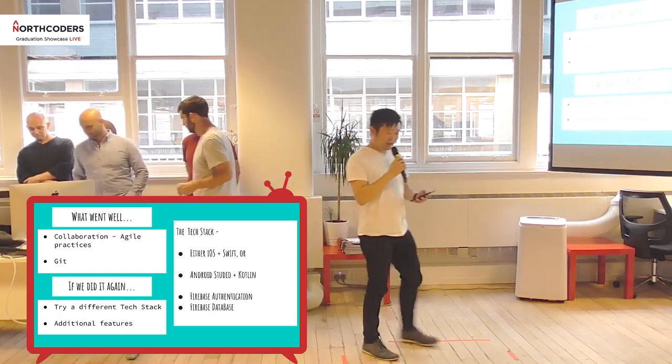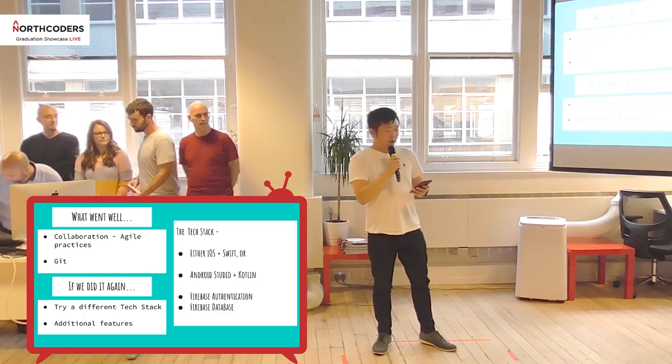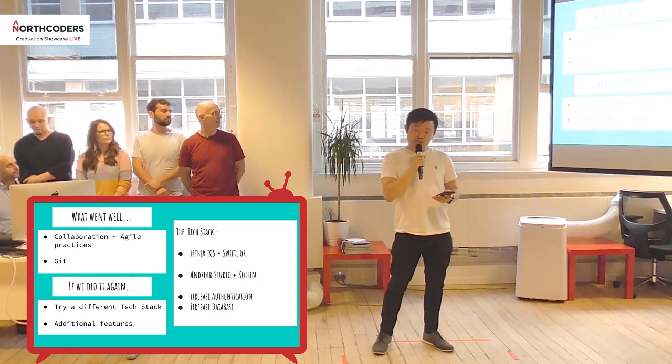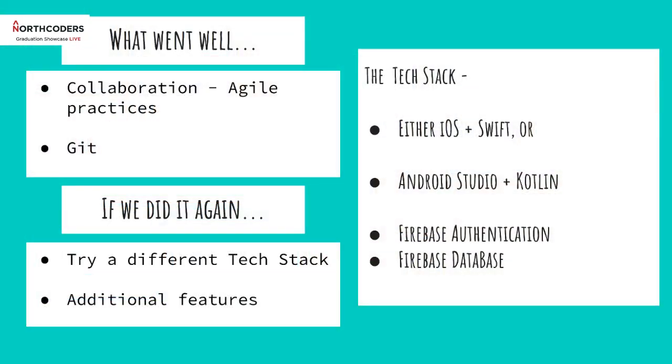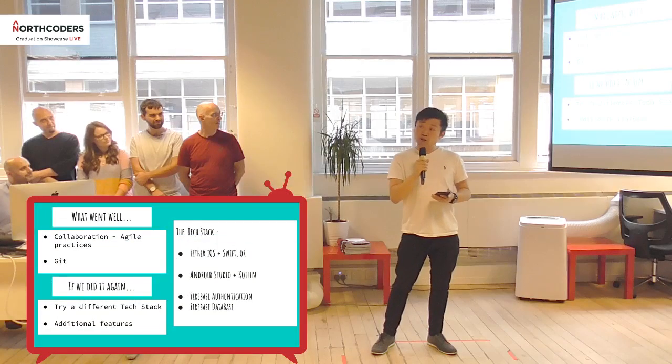Thanks, Sam. Okay, so in terms of what went well, we made use of agile practices, which meant daily stand-ups. We had a strict routine. Every morning, 9 o'clock, everybody had to be in and discuss what they did the day before and what they're working on today. We also made use of the Kanban board, which kept everyone updated in terms of tickets and what each person was doing. We did a lot of pair programming.